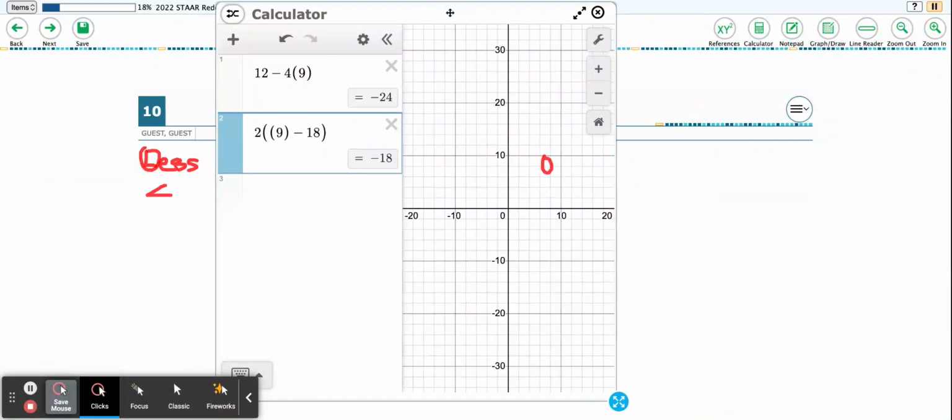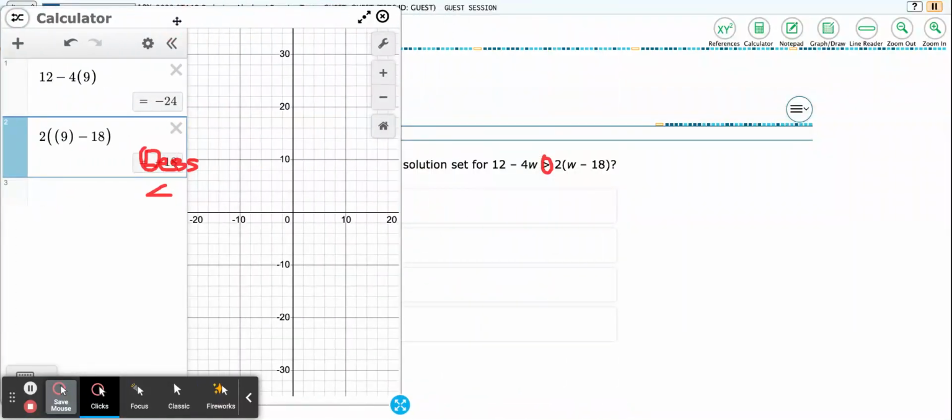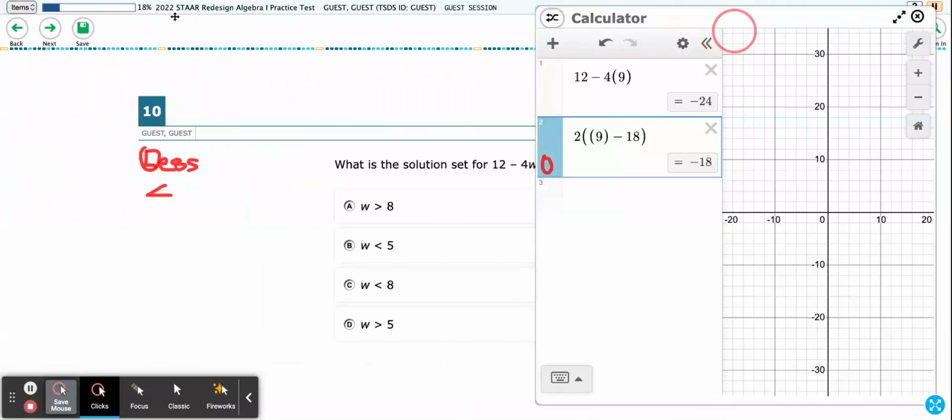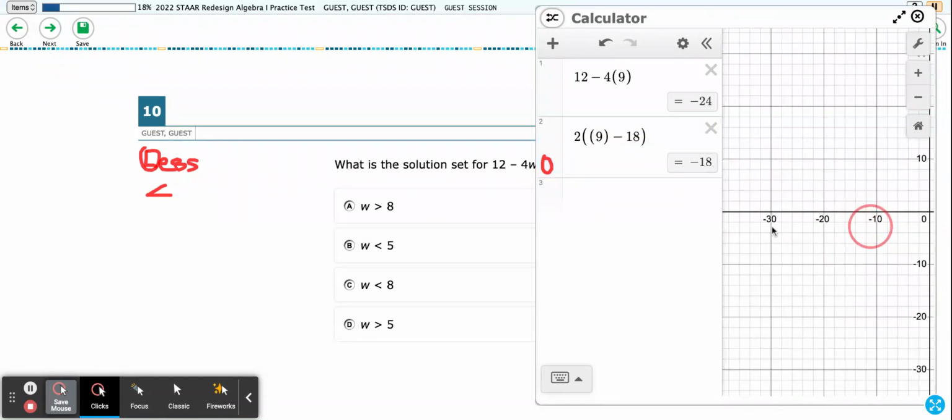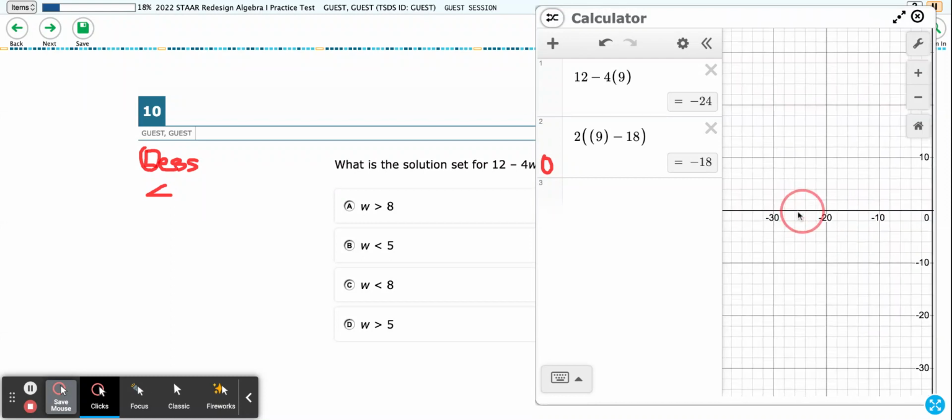The first equation, that value has to be greater than the second equation. So I need negative 24 to be bigger than negative 18. But remember, negative 24 is over here. If I move my number line, negative 24 is about right there.